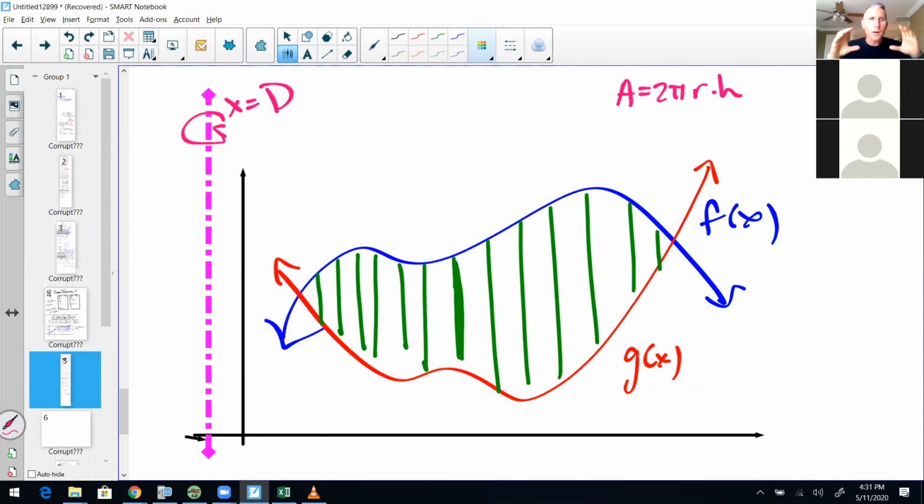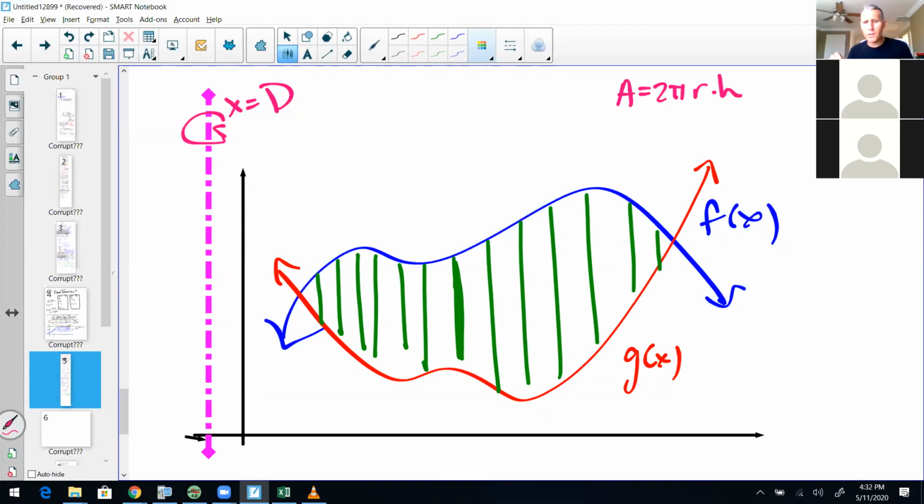Because remember with the water bottle label that I unraveled, it looked just like a rectangle, and I said the length of this, or base of that, is really 2 pi times the radius, or the circumference of that circle, and the height, h, is just the height of that thing. So that's where that comes from.